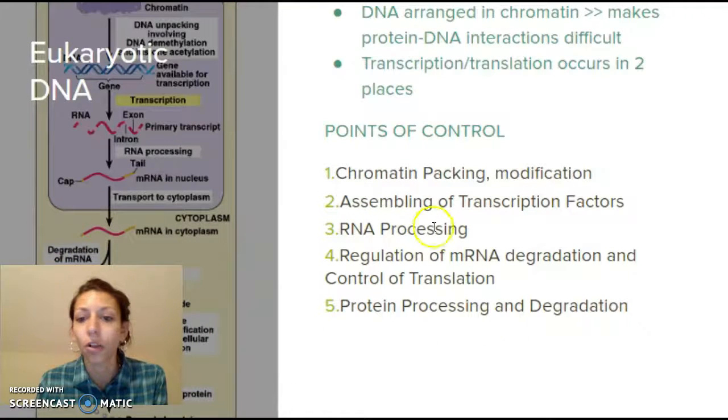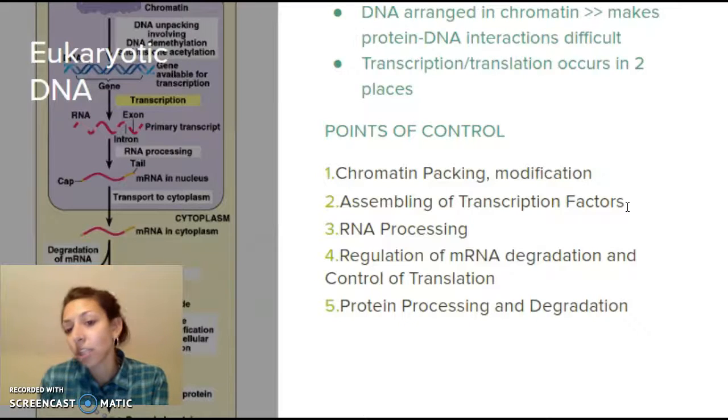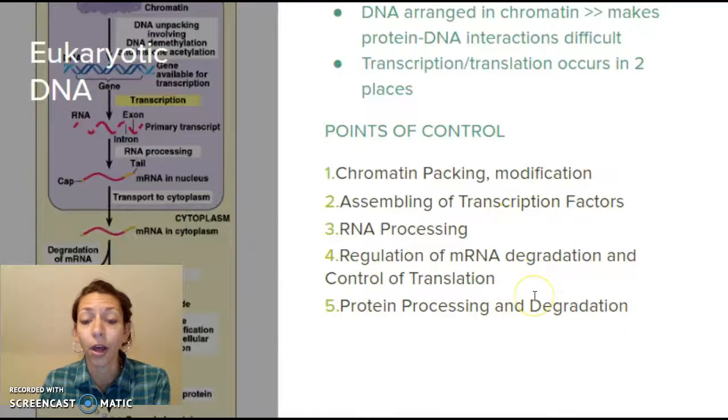Some of those are chromatin packing or modification of the chromatin, assembling of transcription factors, so at the transcriptional level, RNA processing, which we've already learned about, and then regulation of mRNA degradation, and control of translation. So these are some steps that we'll talk about today on when the RNA will be broken down or when certain mRNAs will be translated into actual proteins. And then, of course, protein processing and degradation.